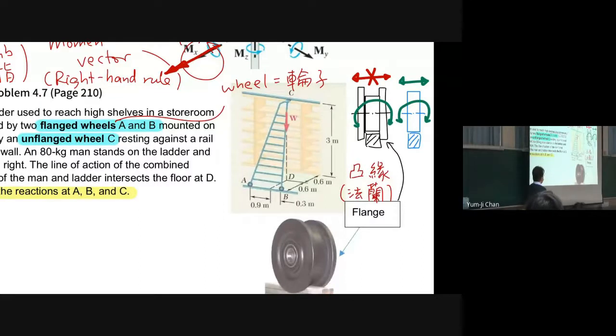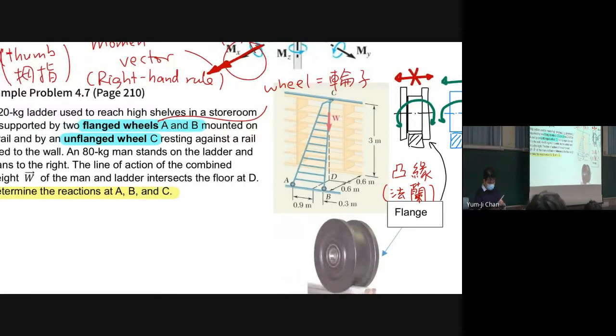Now, because we are working with equilibrium, what do we need to do at the first step before the mathematics? Because we have equilibrium, we have summation F equals 0 and summation M equals 0.